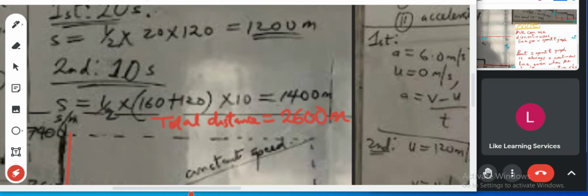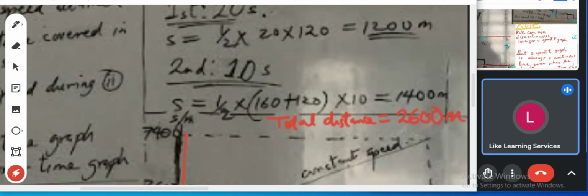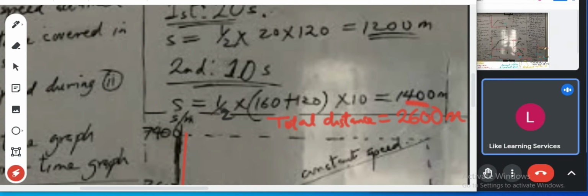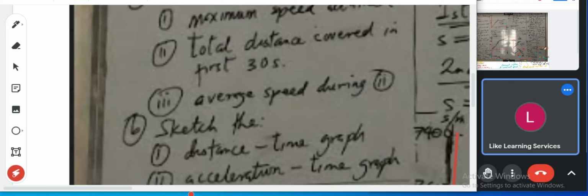That's average speed: total distance over total time, don't forget.